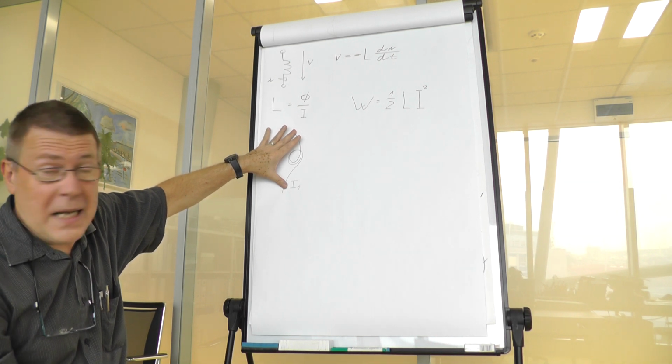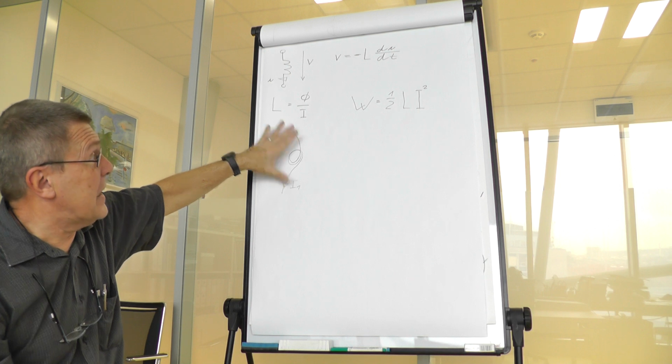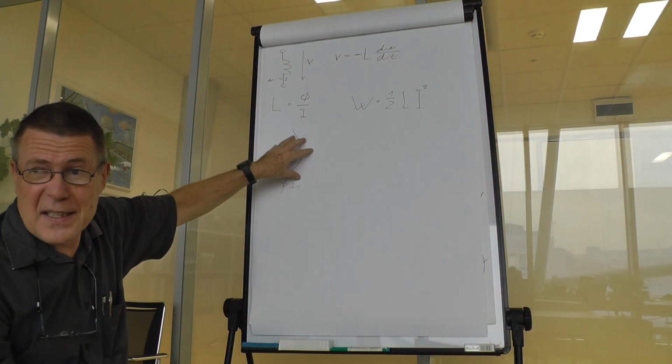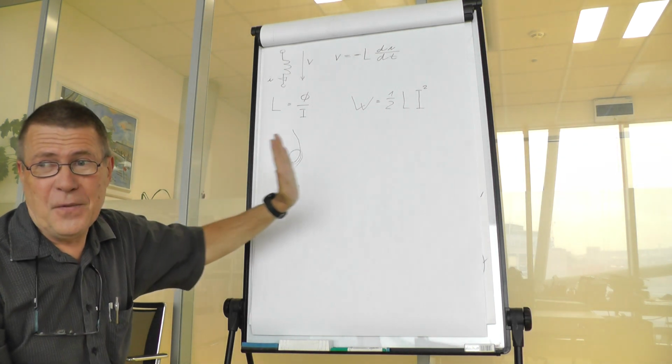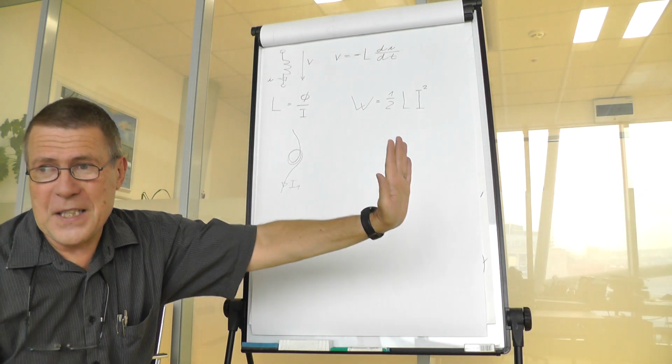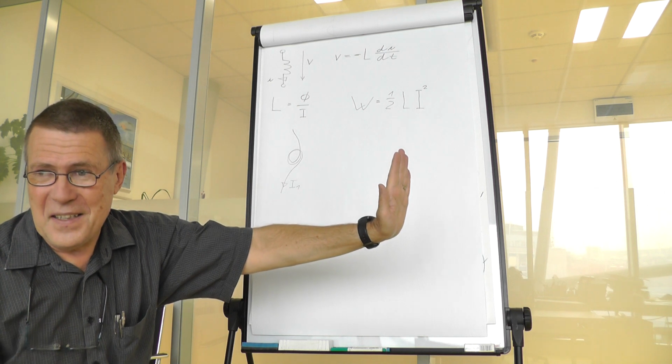But the magnetic field is not restricted only to inside of this conductor. In fact, it decays with the distance, but still we have some magnetic field at any distance.